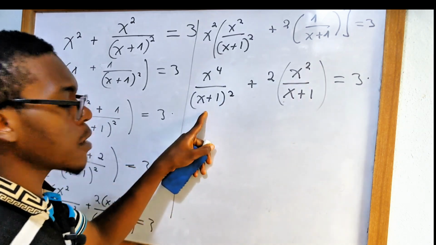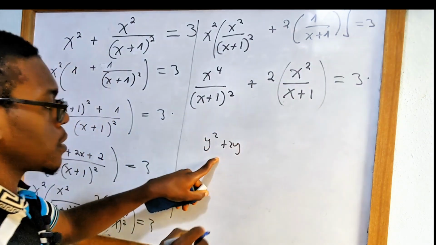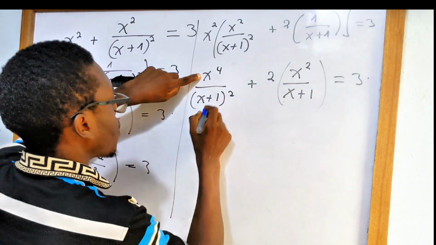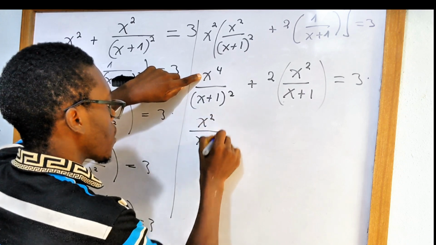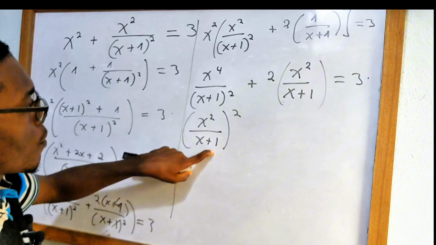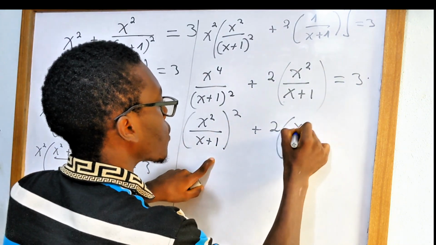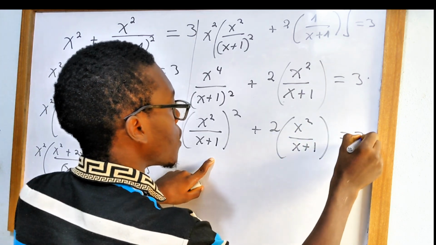This one should repeat itself here, so it should be like y square plus 2y, something like this. How can we do that then? We can just take this square outside to have x square all over (x + 1), all that square. If you open back, we are going to have x to the power 4 all over (x + 1) square plus 2 into x square all over x + 1 equals 3.